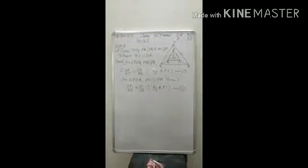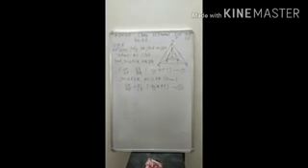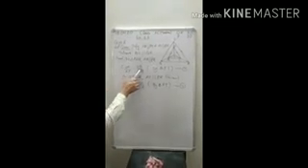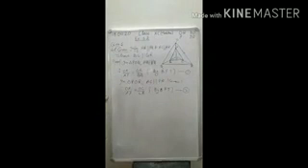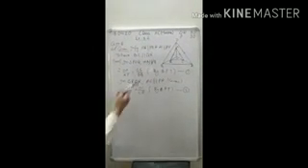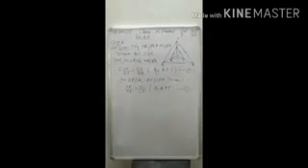Now observe these equations carefully. In these equations, this thing is OA by AP, and this thing is also OA by AP. Our LHS is the same, which means our RHS will also be the same.